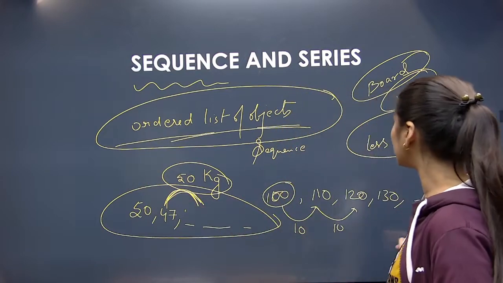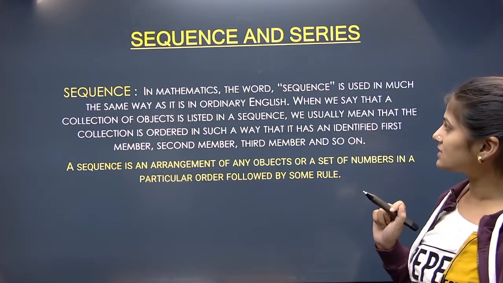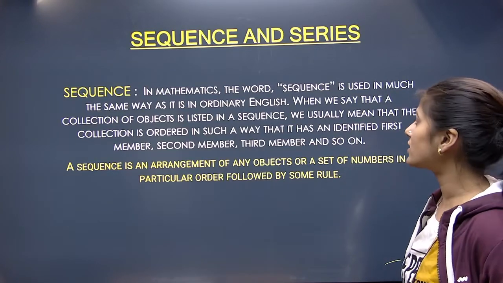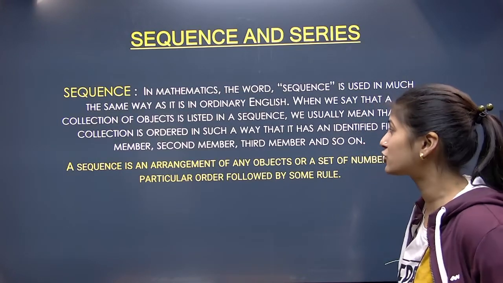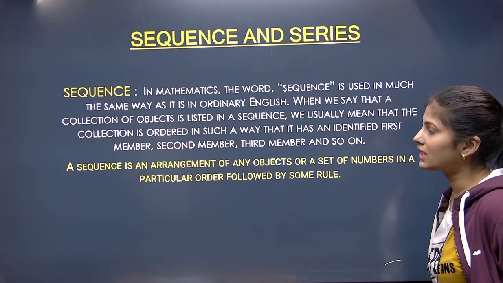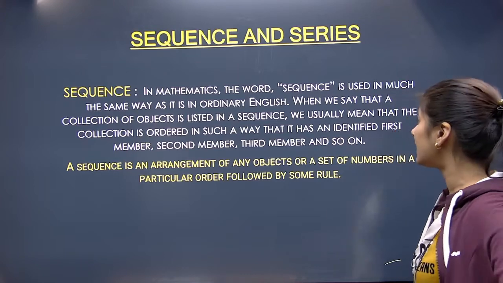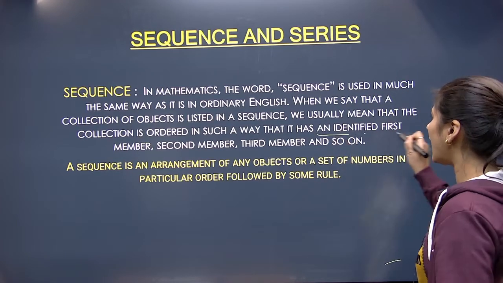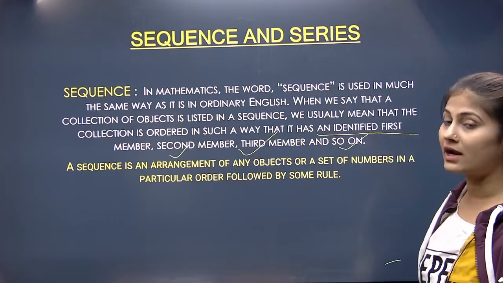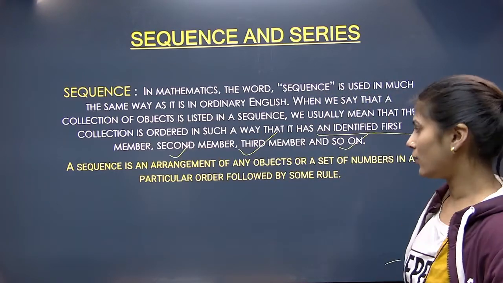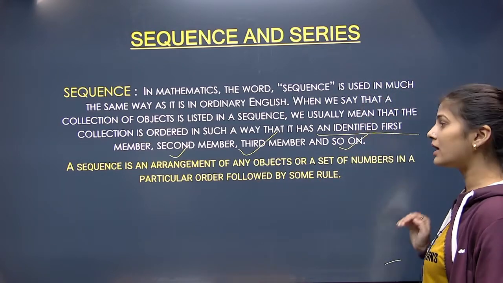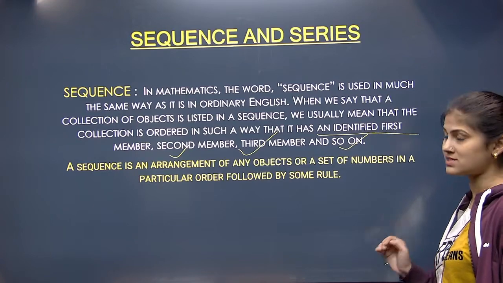Let us go through the definition. The word sequence is used in much the same way as it is in ordinary English. When we say that a collection of objects is listed in a sequence, we usually mean that the collection is ordered in such a way that it has an identified first member, second member, third member, and so on. Got it? Now, a sequence is an arrangement of any object or a set of numbers in a particular order followed by some rule.